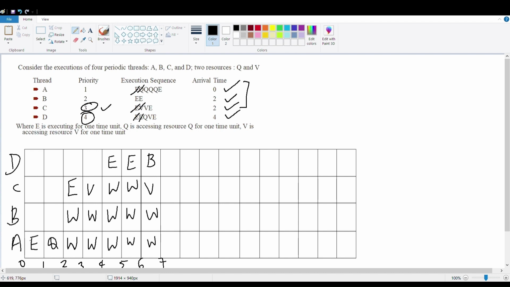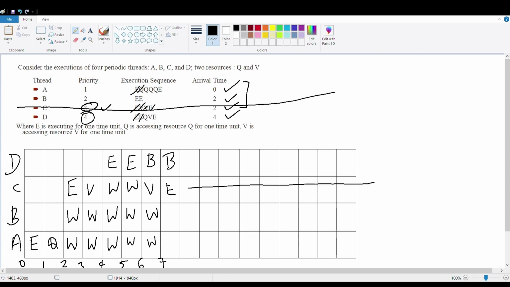At 7, D is still in the waiting state because Q is not released by A. Now C has high priority, so C will execute E, and C will exit from the system. The other processes are still blocked or waiting.